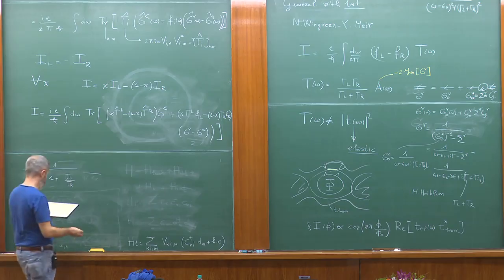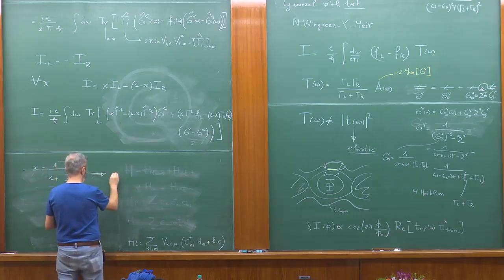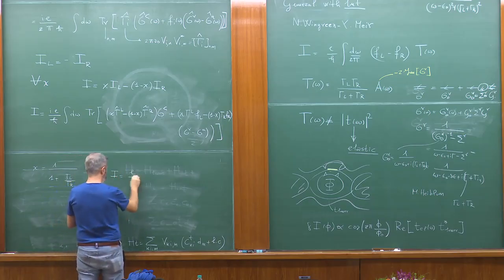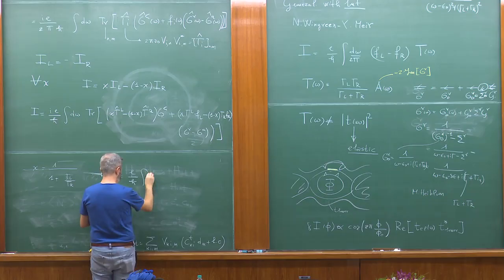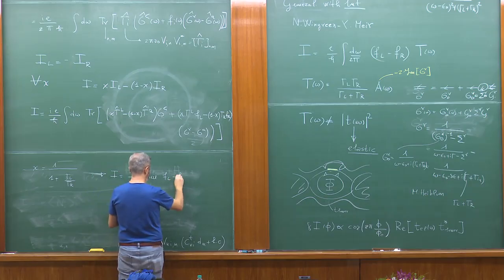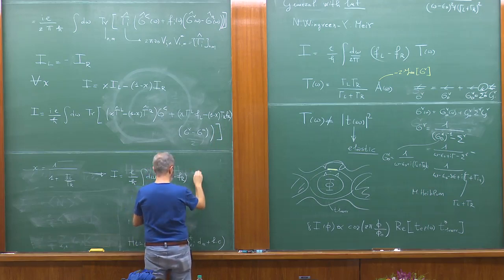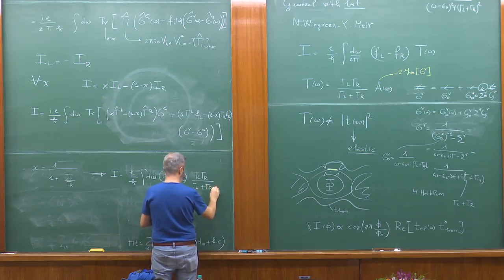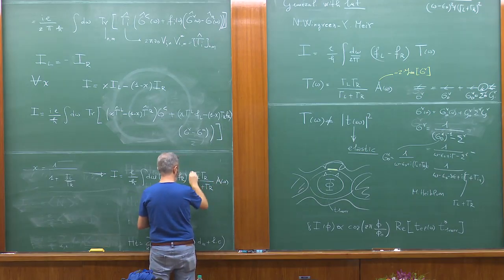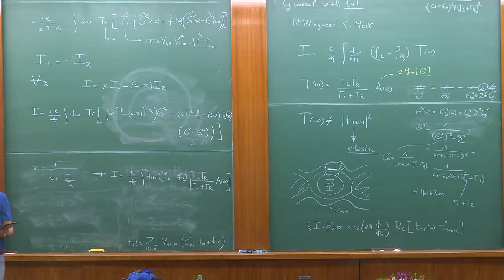If that term is gone, what is left is that the current is equal to e over h times the integral d epsilon d omega (f left minus f right), which is what comes from this term, times gamma left times gamma right divided by gamma left plus gamma right, times A of omega. Which is the formula that I wrote down at the beginning. So you remember, this is T of omega.